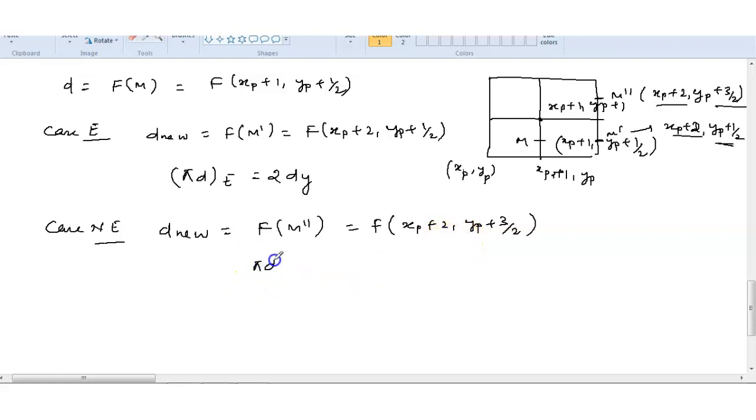And we got the difference for the northeast corner as 2 times dy minus dx. So this is how we have to write the algorithm, and d start is 2 into dy minus dx.